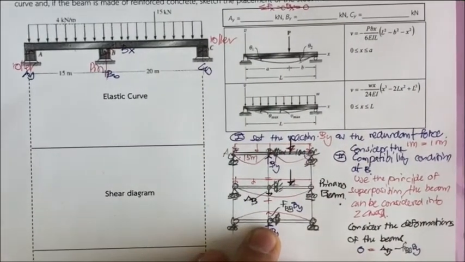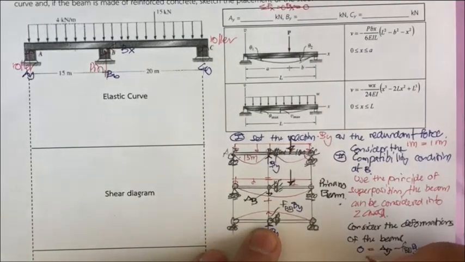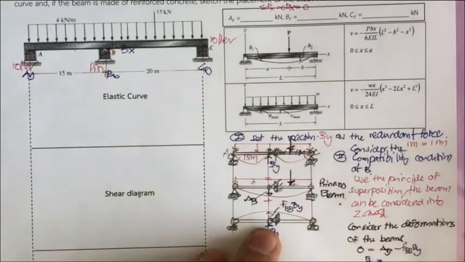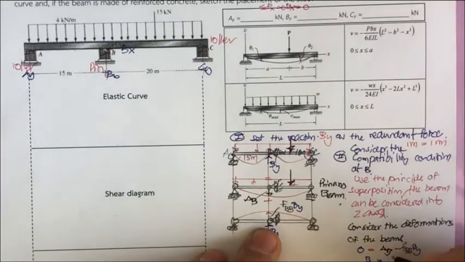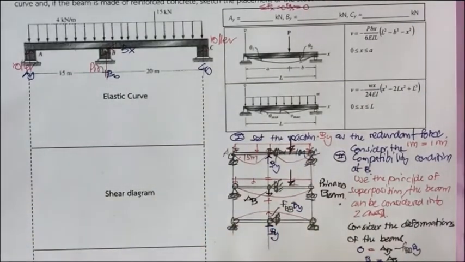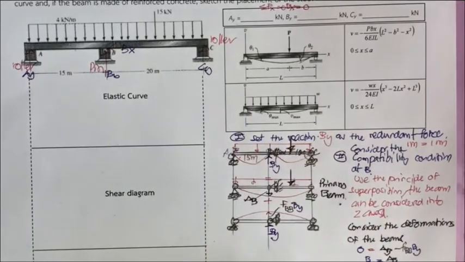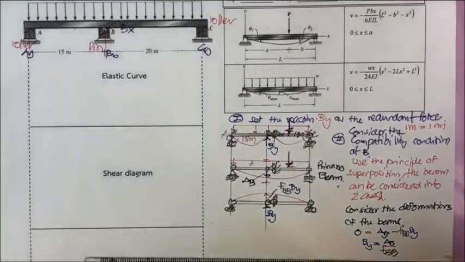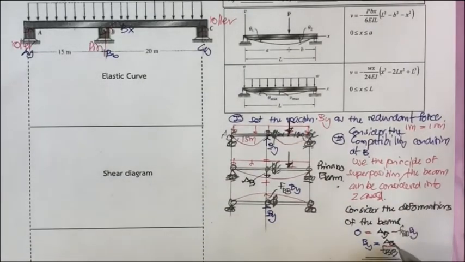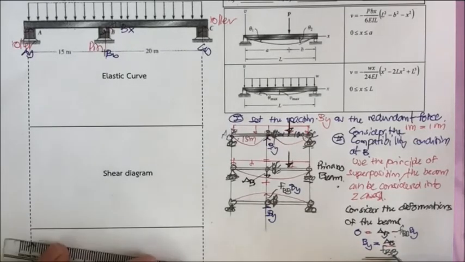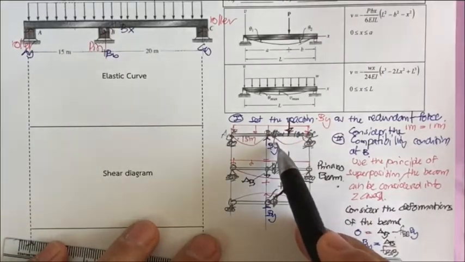From this, you may reduce this equation to B sub y equal to delta sub B divided by f sub BB. Considering this equation, if you can determine the displacement delta sub B and the displacement f sub BB, we can find B sub y.